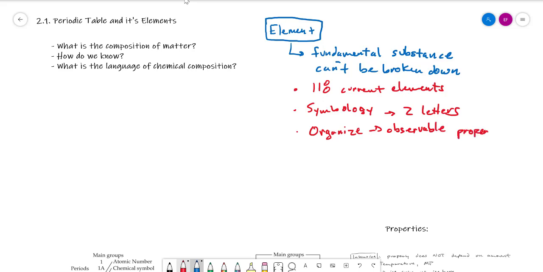And I'll talk in a second about the types of observable properties that scientists used to arrange these things into this thing that we now call the periodic table, which I think we all could recognize pretty generally. But we're going to talk about why the periodic table looks the way it does, and how we can use that to have a general qualitative understanding of how things might react.